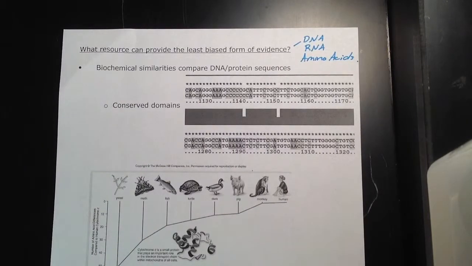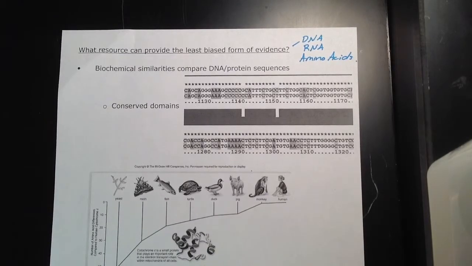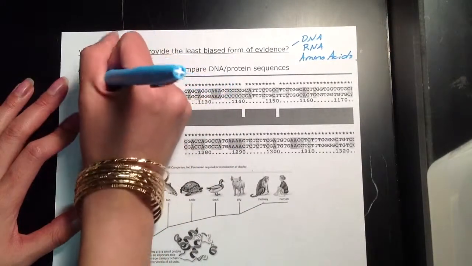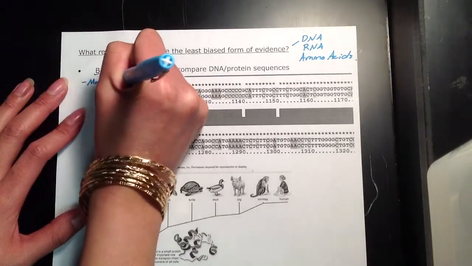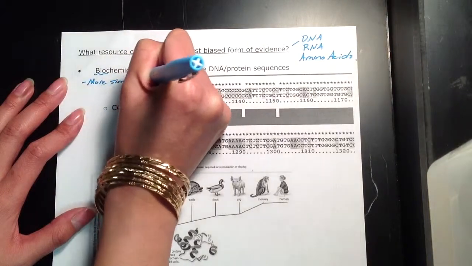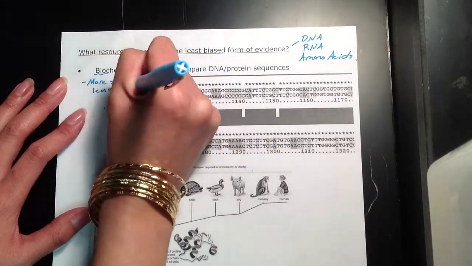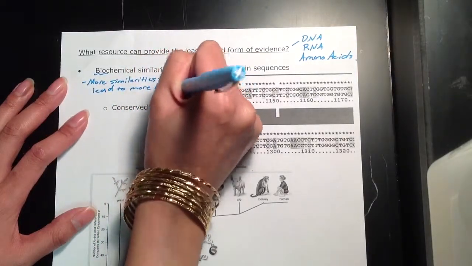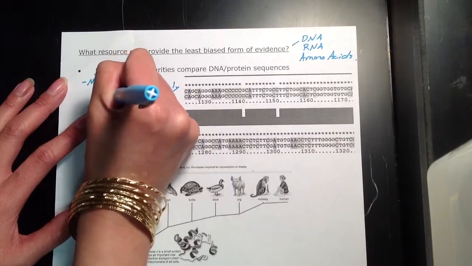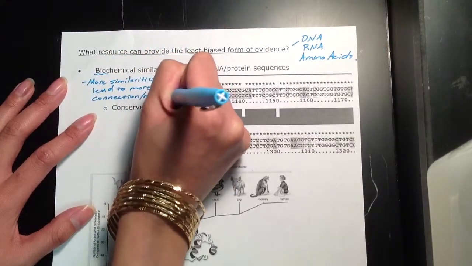In biochemical similarities, we're going to compare those sequences. And what you're going to see is the more similarities will lead to more likely connection or relationship amongst those organisms.